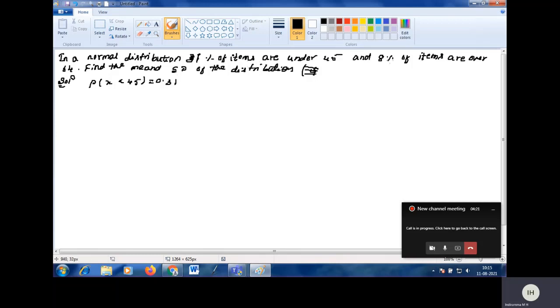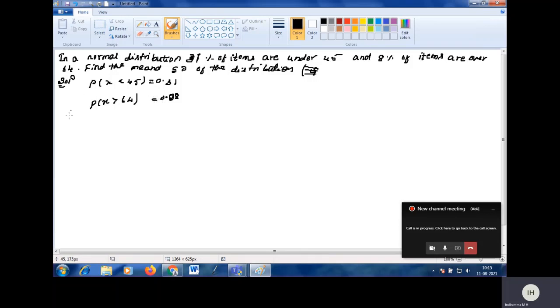And 8% of items are over 64, which means 0.08. Over means greater than, so it's x greater than 64. This is the given data.